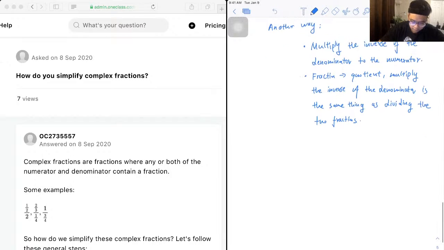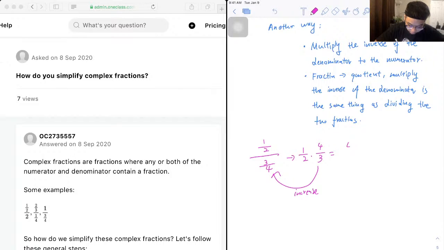Right, so still we got 1 over 2 over 3 over 4, and this is equal to 1 over 2 times 4 over 3, where 4 over 3 is the inverse of 3 over 4.